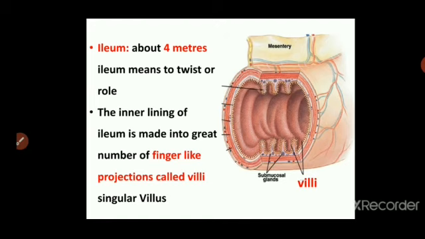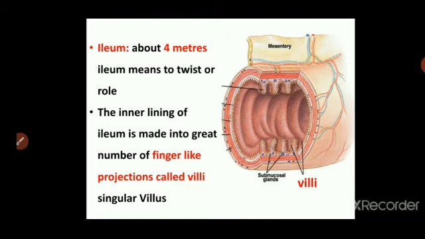The internal lining of the jejunum and ileum is produced into a large number of prominent longitudinal folds. As you can see in the diagram, those longitudinal folds are called villi, finger-like projections. These villi increase the absorptive surface area of the small intestine. And between the villi are present the glandular pits, which have numerous unicellular glands called intestinal glands.